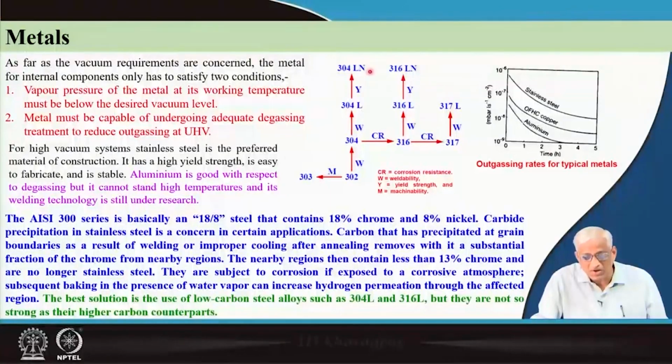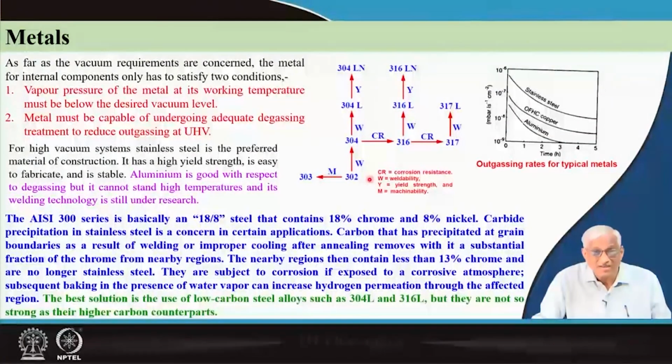Here I have shown a small figure. CR means corrosion resistance, W means weldability, Y means yield strength, M means machinability. All 4 are important. Different grades are there, and different grades come with different prices.